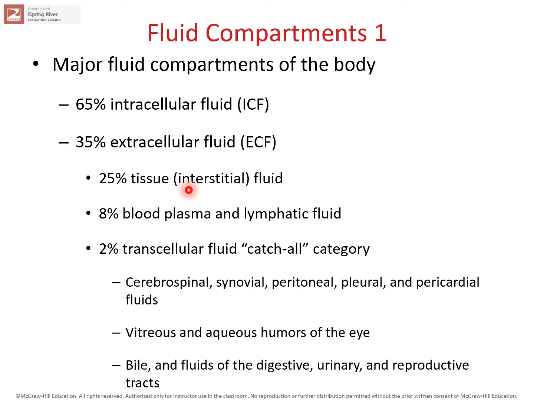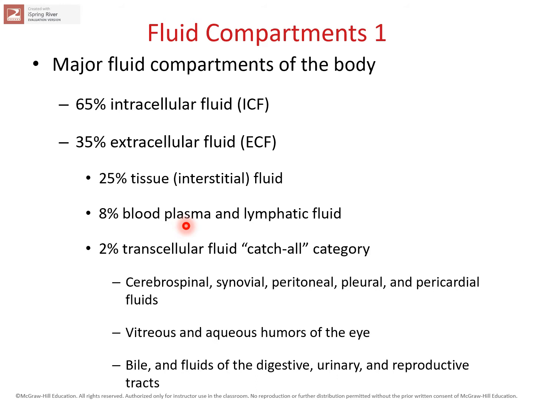Okay, so the fluids in which the cells bathe is called the interstitial fluid in the tissues. Now, the fluid surrounding the blood cells will not be called interstitial fluid, but in a tissue that is made up of a whole bunch of cells, the fluid in which the cells bathe is called the interstitial fluid. About 8% of the fluid makes up blood plasma and the lymphatic fluid.